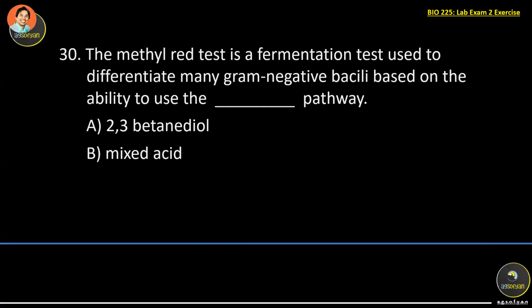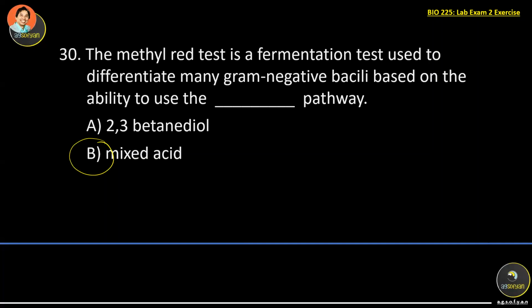The methyl red test is a fermentation test used to differentiate many gram-negative bacilli based on the ability to use blank pathway, A or B. So the methyl red test is used to identify gram-negative bacteria that are able to use the mixed acid pathway. They can use lactic acid pathway, acetic, succinate, and also formic acid pathway.